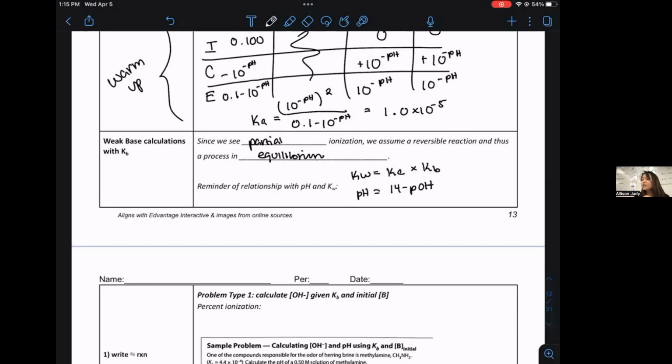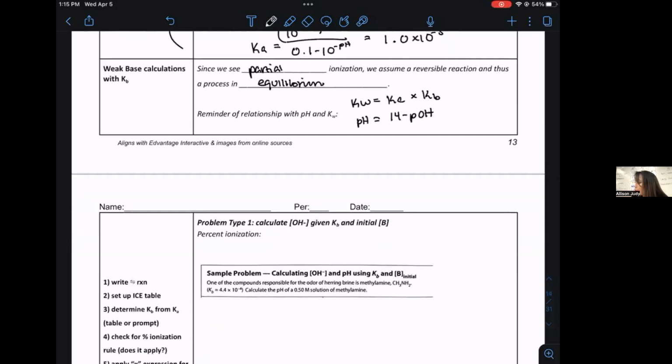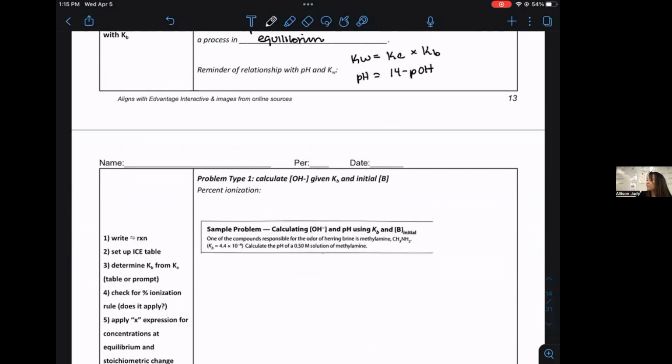Okay? So, problem type 1. Calculate the OH at equilibrium given the Ka or Kb, because sometimes what they give you is the Ka instead of directly giving you the Kb, and the initial base. Don't forget, we do have for this type of problem the percent ionization rule of 5%, where we consume a negligible amount if your initial base is 1,000 times greater than your Kb value.